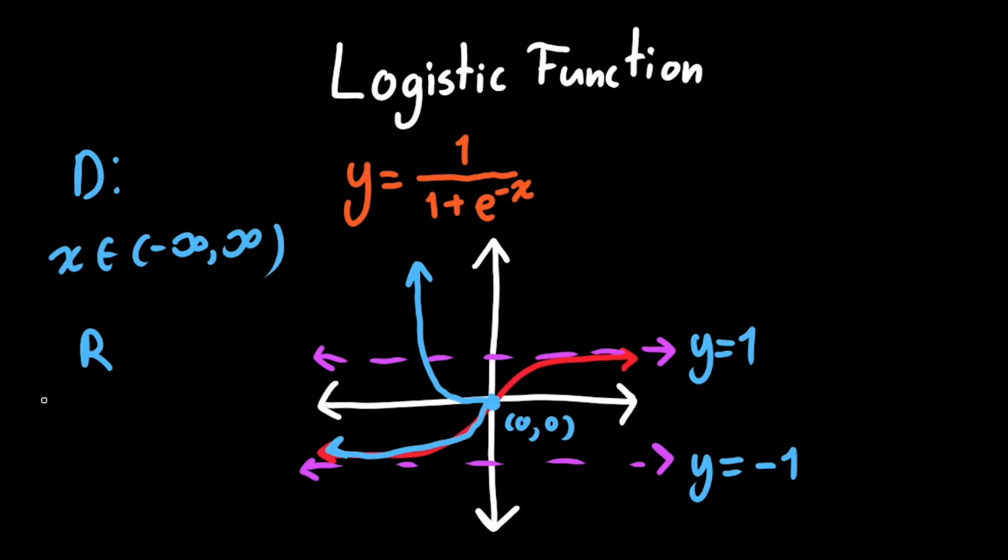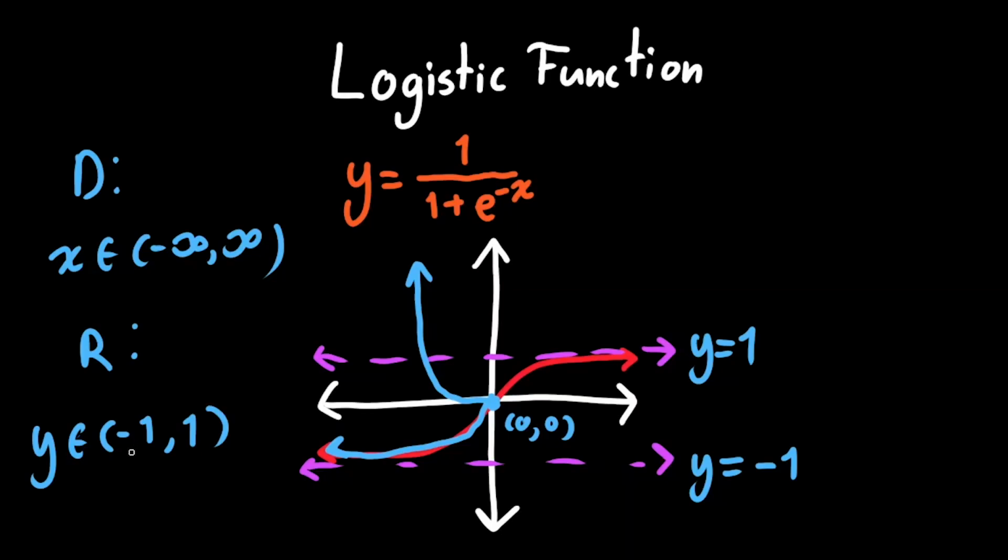It can't get negative 1 or lower, or 1 or higher. So we would denote that as y includes everything from negative 1, not including negative 1 because negative 1 is an asymptote, meaning it never actually gets to that value, to 1. Everything in between those two values, not including them.